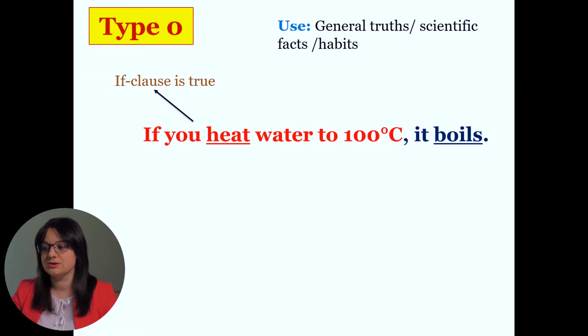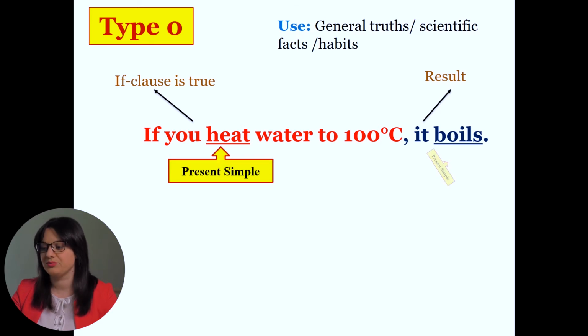It's something true. It's a general truth. The second part, it boils, is the result. In conditional sentences type 0, we use present simple in the if clause and present simple in the main clause as well.